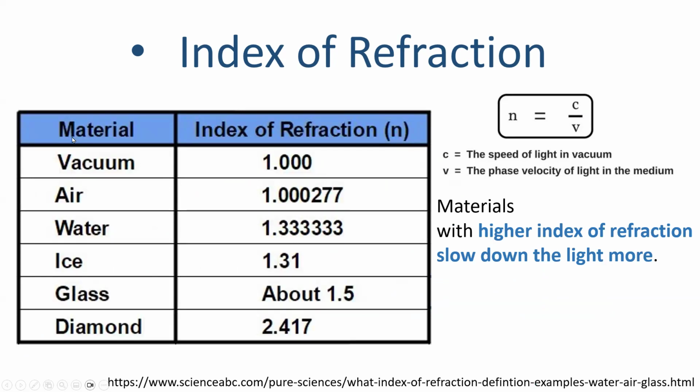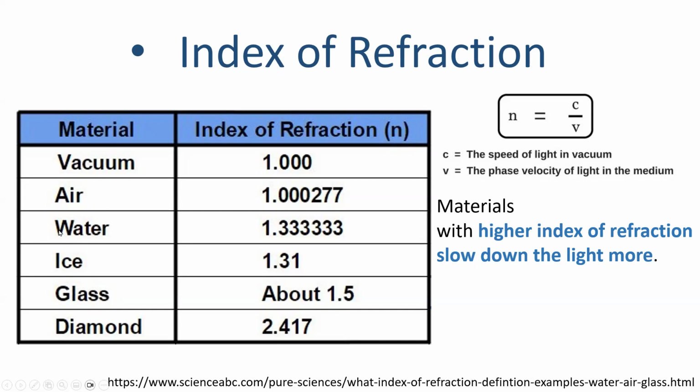All right. Material. Speed of light in a vacuum. Light traveling through vacuum, air, water, ice, glass, and diamond. Just a couple of examples here. The index of refraction is 1 because 1 over 1 equals 1. 1 over something less in the air is going to be 1 and a little bit more than 1 at the index, right?